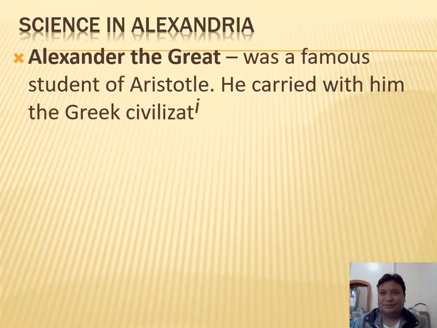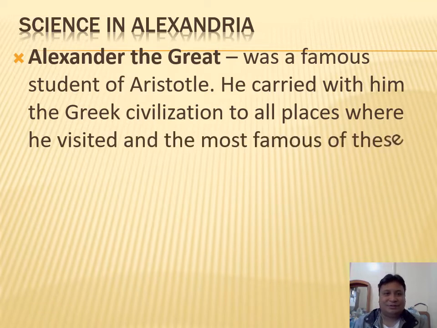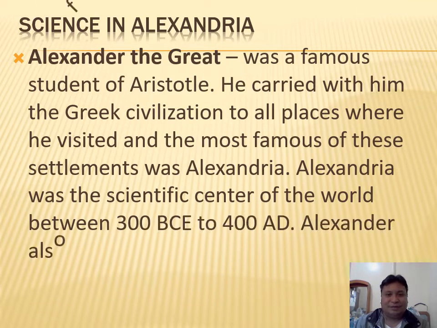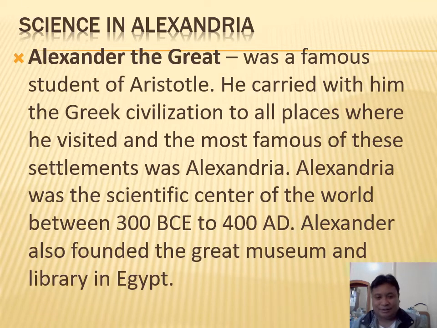One of the remarkable students of Aristotle, Alexander the Great, one of the youngest leaders in history, you know? He carried with him the Greek civilization to all places where he visited, and the most famous of these settlements was Alexandria.